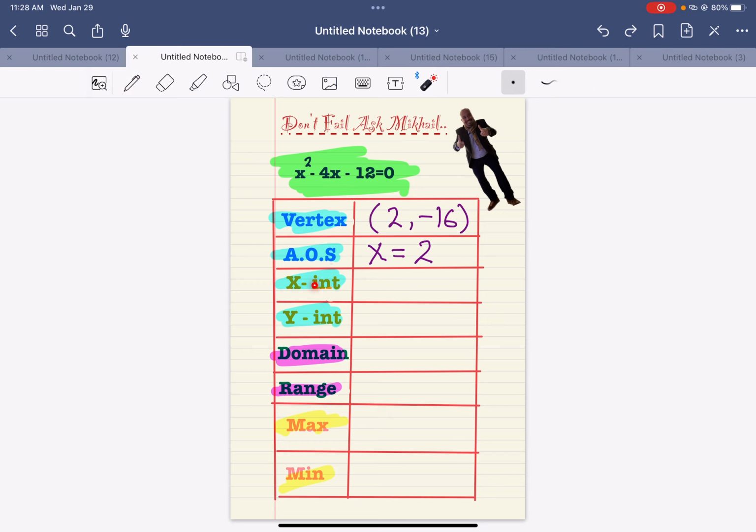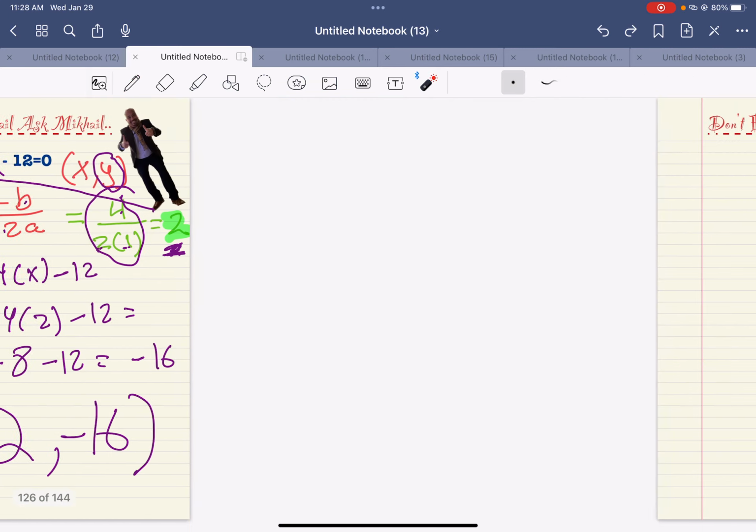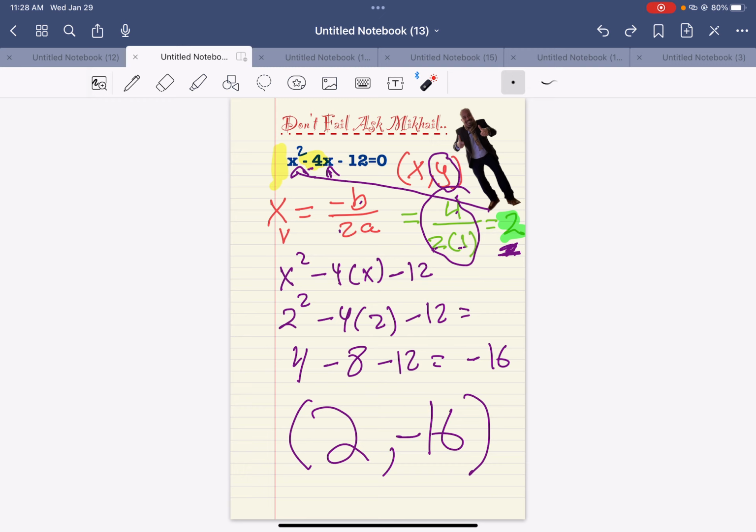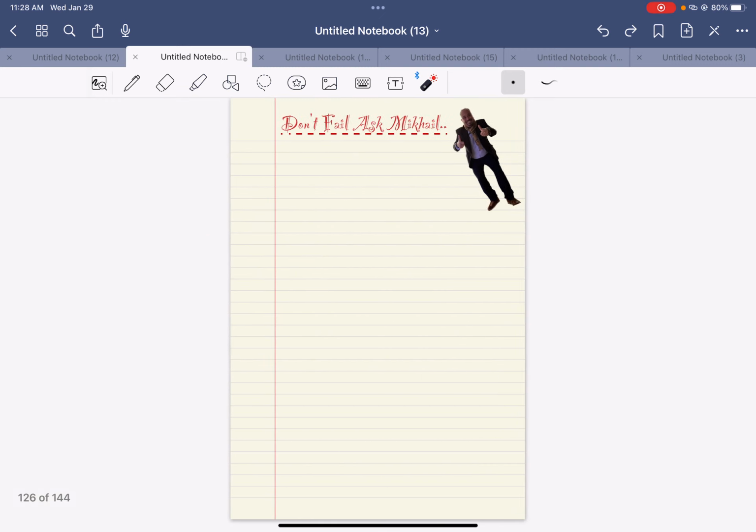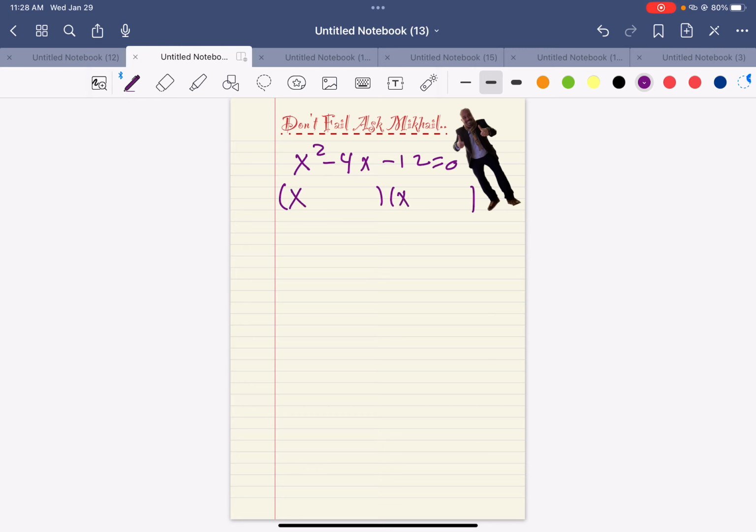To find x-intercepts, you either use the quadratic formula or you factor. In this case, factoring is super easy. If I have x squared minus 4x minus 12 equals 0, so you factor into x and x, two numbers that multiply to give you negative 12 and add up to negative 4.